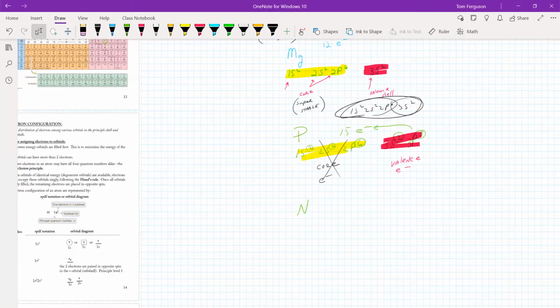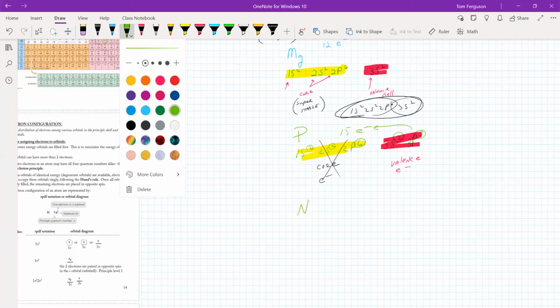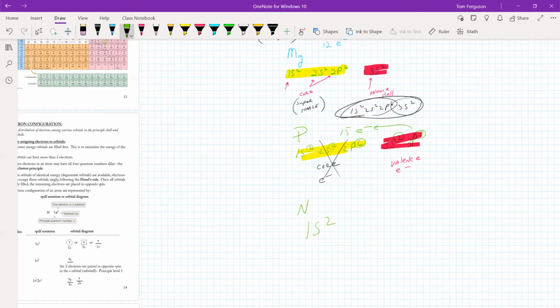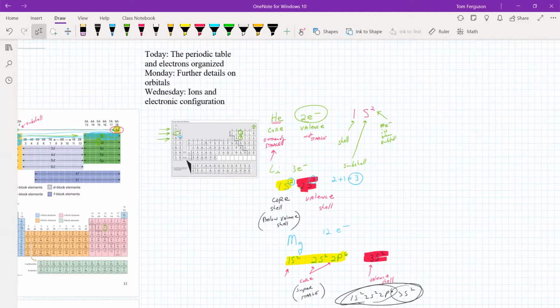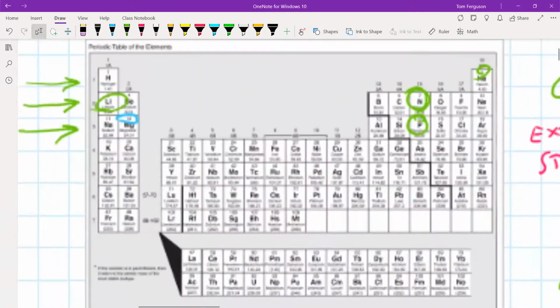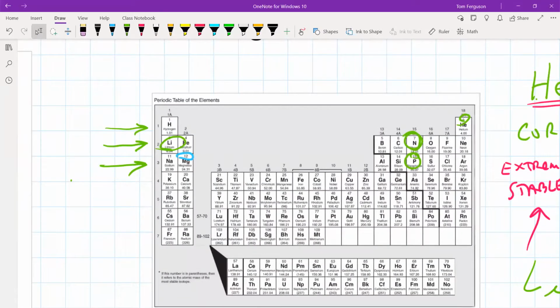Okay, so nitrogen is in shell 2. That means it has a shell below it, shell 1.